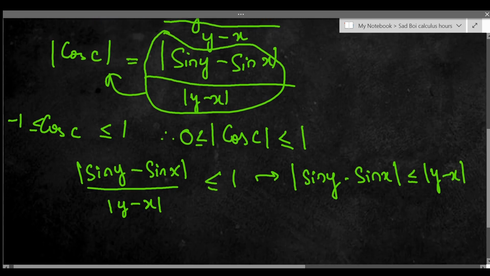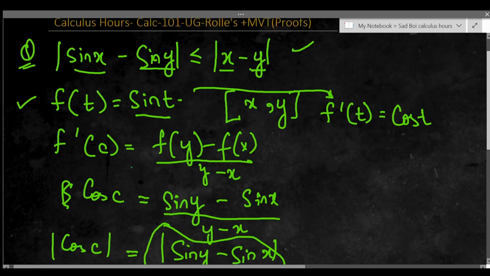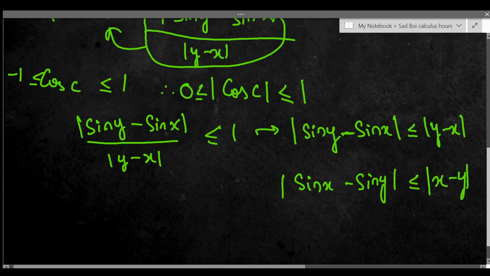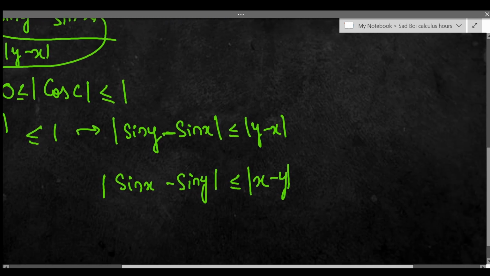Now, what we needed was sine x minus sine y. So we take the negative sign as common, and it turns positive because we have a modulus sign. So we can just write it this way. And ta-da! We've proven our problem.